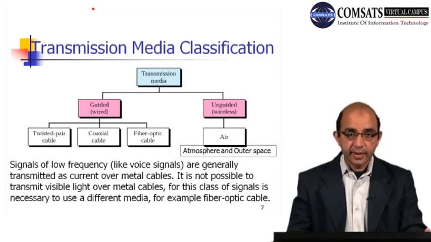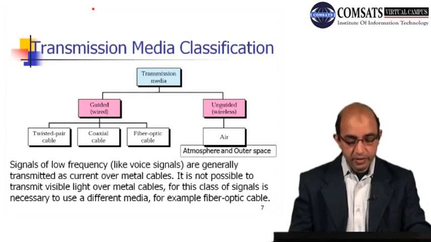But if we talk about fiber optics, it is not possible to transmit electrical pulses on fiber optics, or to transmit light on a metal cable. So certain signaling can be used only for certain media. For example, in the case of metal cables, you can only use electrical pulses. For optical fiber, you can only use light in order to transmit data.